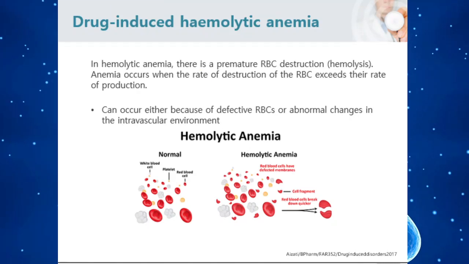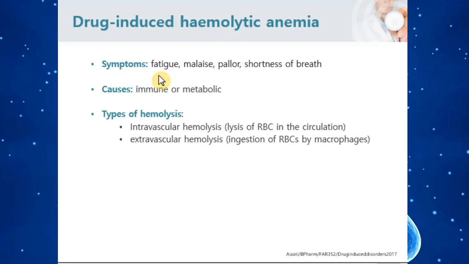So this is the normal white blood cell, platelet, and red blood cells. In hemolytic anemia, the red blood cells have a defective membrane in which they will rupture easily. So the symptoms of hemolytic anemia are that the patient might feel fatigue, malaise, pallor, which is pale, and also they can experience shortness of breath, and it can be caused by immune or metabolic reaction.